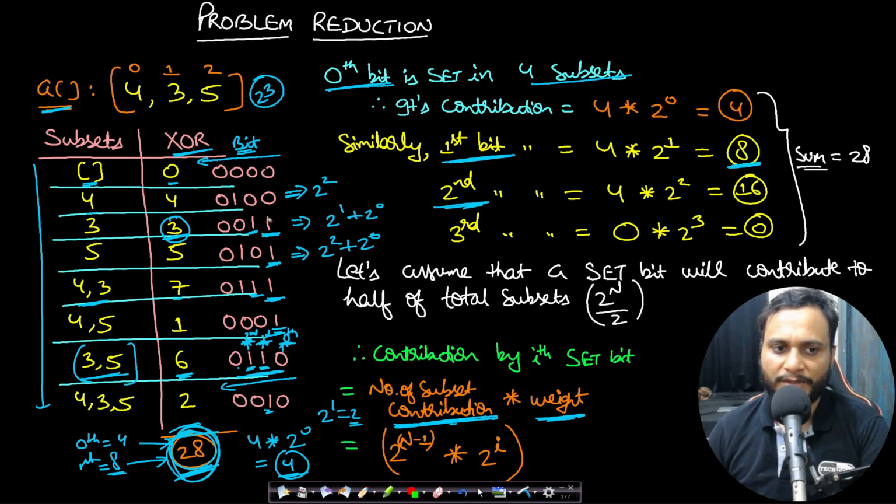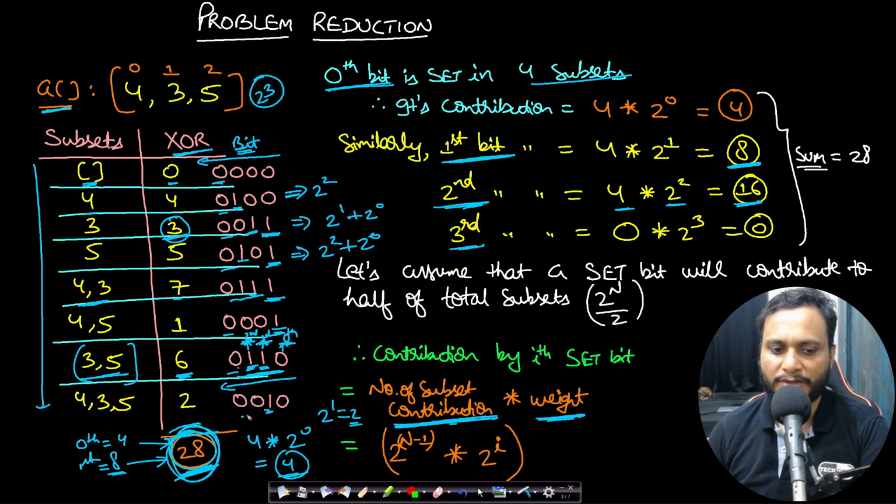Similarly for the second bit, you see 1 2 3 4. In 4 subsets the second bit is set and the second bit's weightage will be 2 to the power of 2. It is contributing in 4 subsets, so the total sum it is contributing to the final XOR sum is 16. And for the third bit, it is not set in any of the subsets.